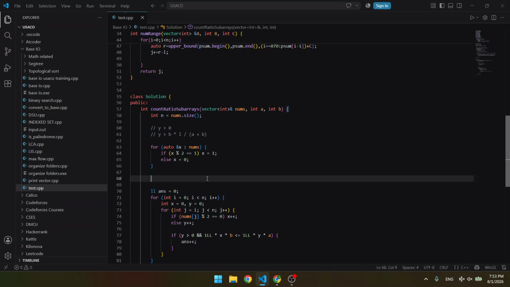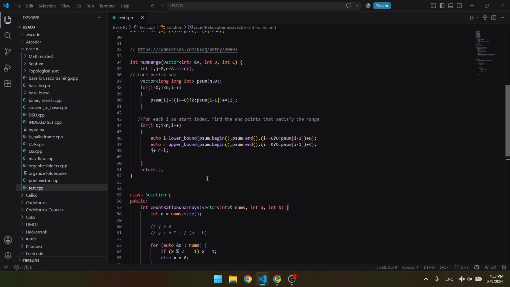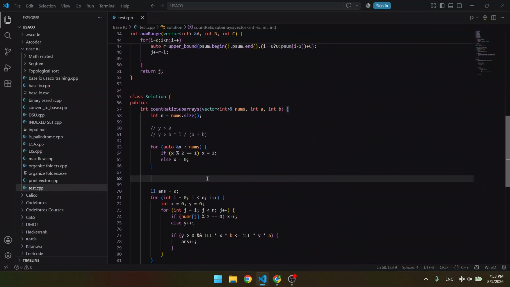b times L divided by a plus b. What do we do? So for every L, this is for every L. So every L, and then so this is n log n. This is n log n. Find the sum. Okay.